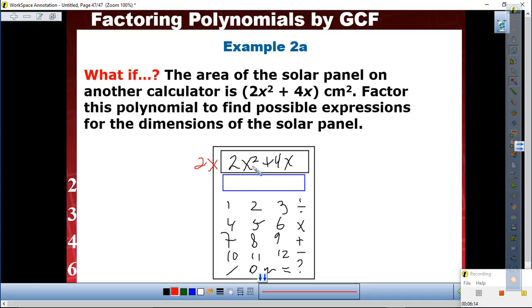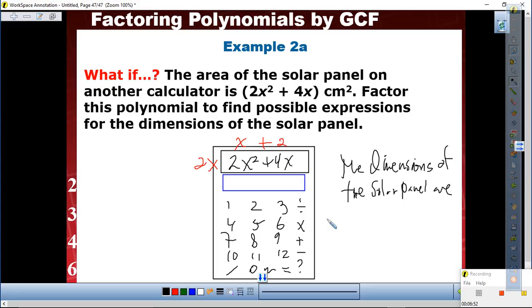So what is 2x squared divided by 2x? X. What is positive 4x divided by 2x? 2. Therefore, the dimensions of the solar panel are 2x times x plus 2 centimeters.